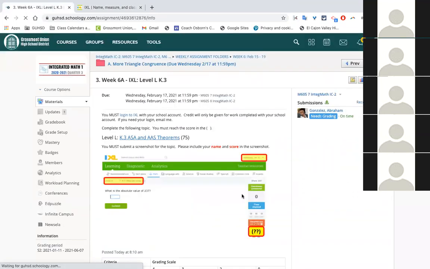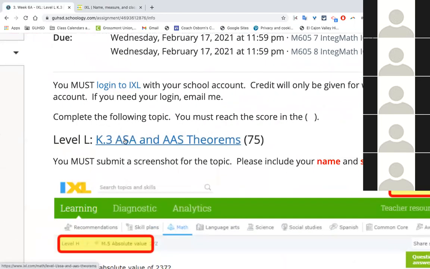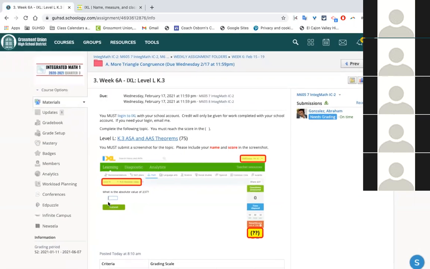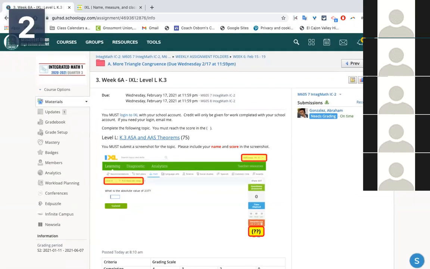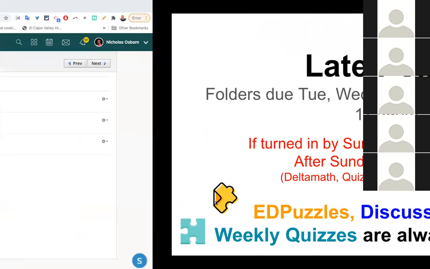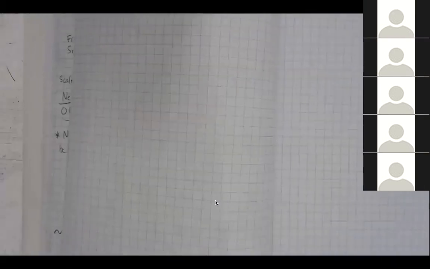Okay, so then the next IXL assignment, you're going to be looking at ASA, angle side angle. So that's a new rule. Last week, I don't know if you guys remember, but you had SSS, you had SAS.